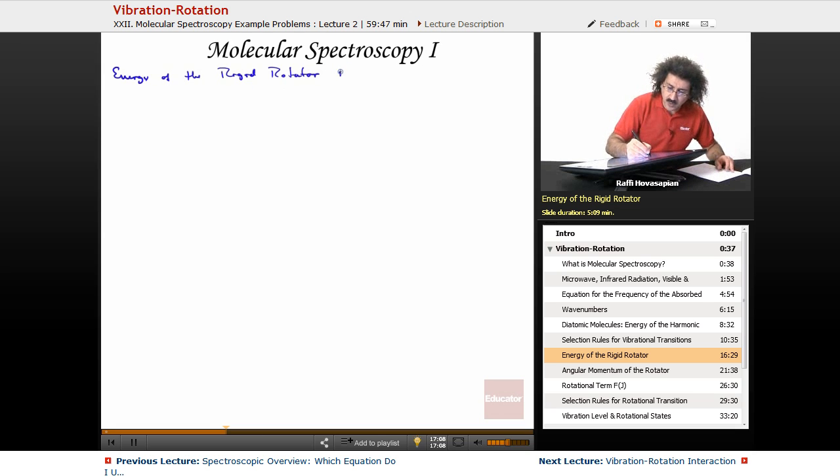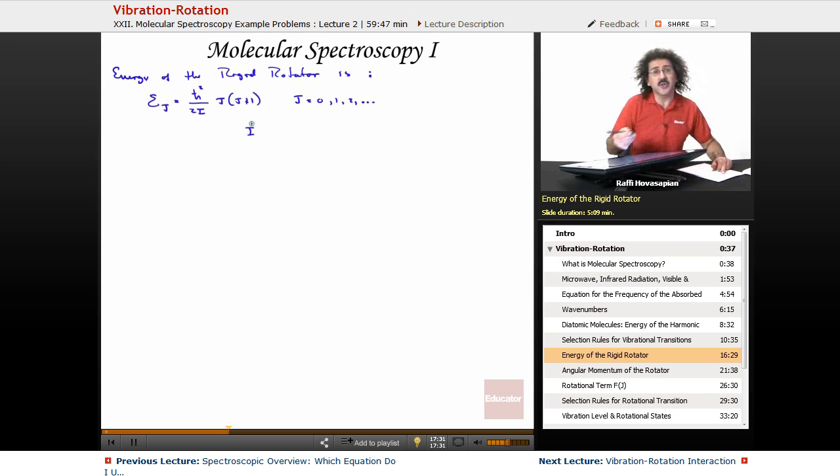So the energy of the rigid rotator is, in terms of what we studied earlier, E sub J equals h bar squared over 2I times J times J plus 1, where J is the rotational quantum number, and that takes on the values 0, 1, 2, and so on. Here, I is the rotational inertia of the molecule. It's equal to the reduced mass times the equilibrium bond length squared, the length between the two nuclei.